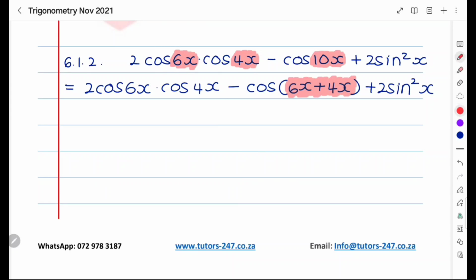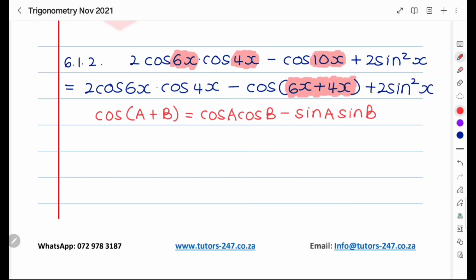From here we can use our compound angle formula, which is cos of the first angle plus the second angle is equal to cos of the first angle cos of the second angle minus sine of the first angle sine of the second angle.